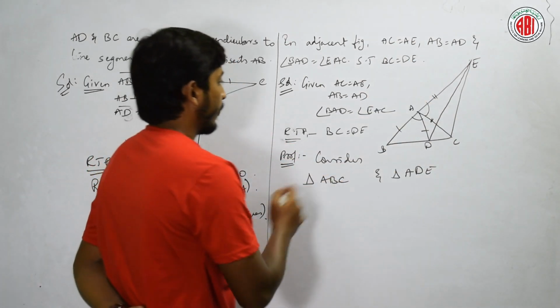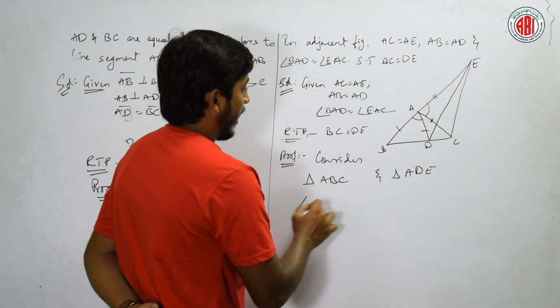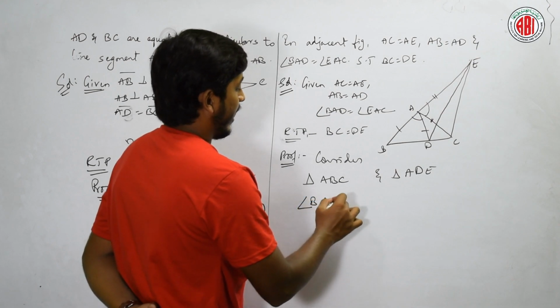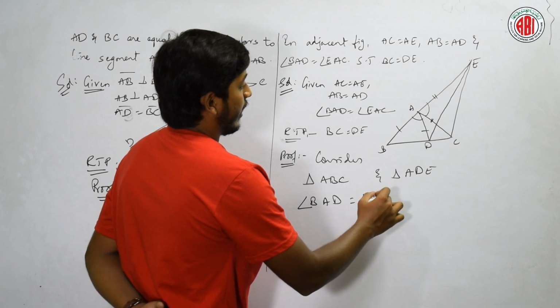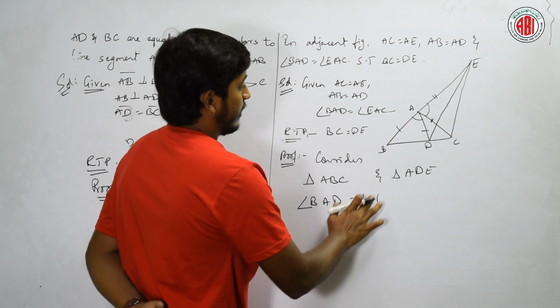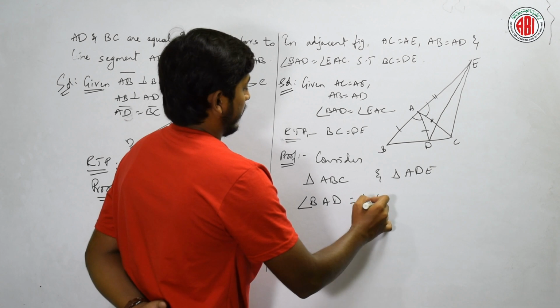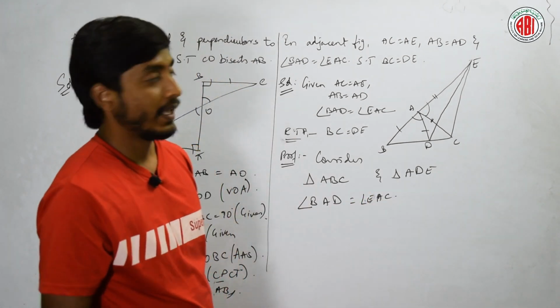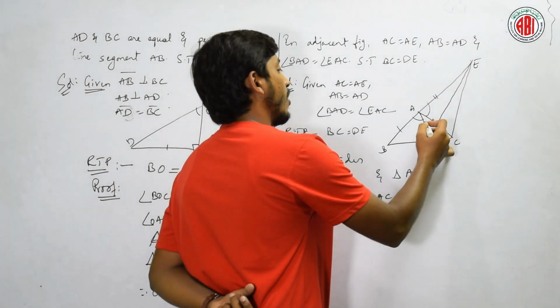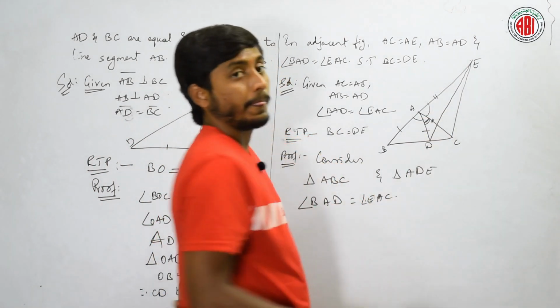Now see here, if you observe angle BAD is equal to angle EAC, clear. And one more thing, this is common in both the sides, right.